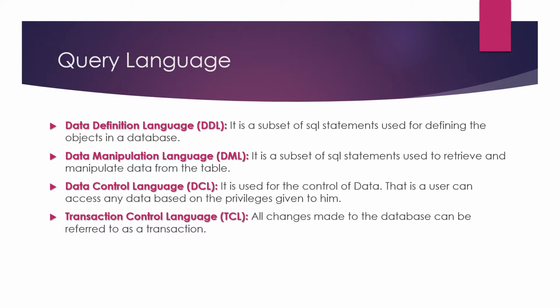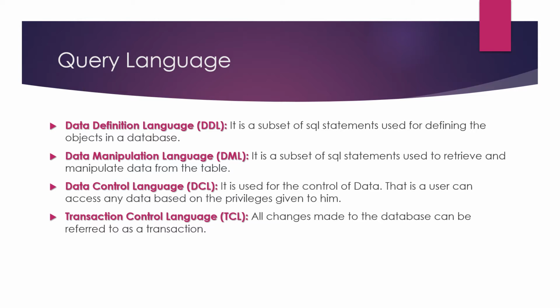Let us consider an example of a student database. The users of the student database can be students, teachers, and administrators. Here, the student user can access only their own data, but the teacher can access all the data of the students.